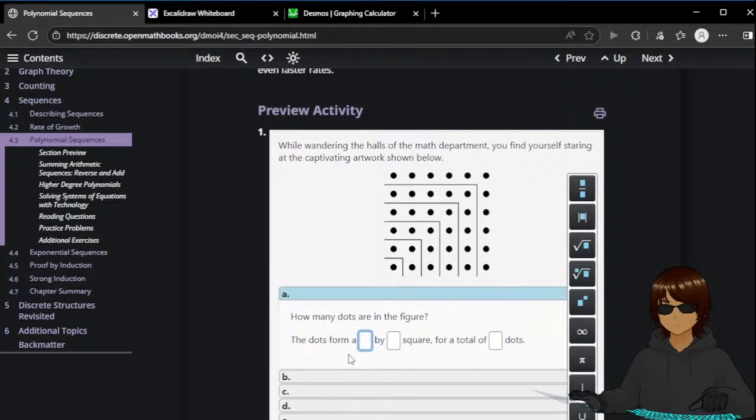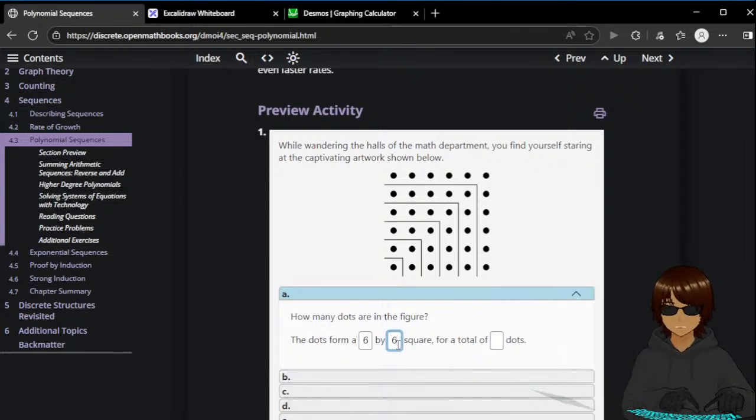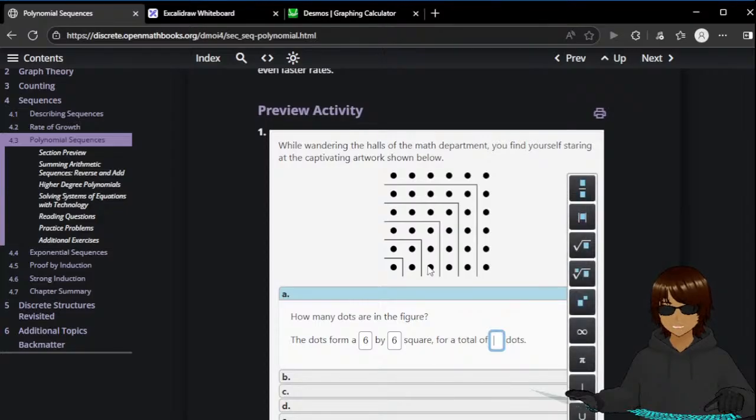The dots form a 1, 2, 3, 4, 5, 6, 6, 6, and a total of 36 dots.